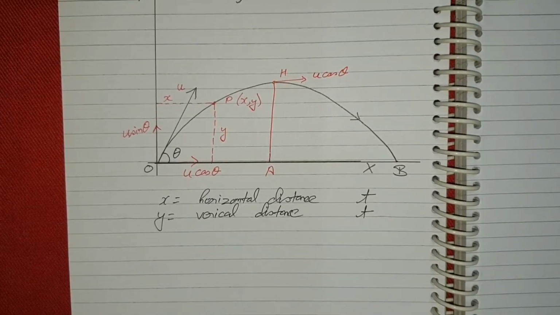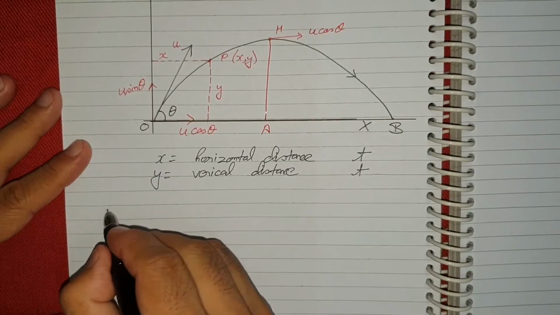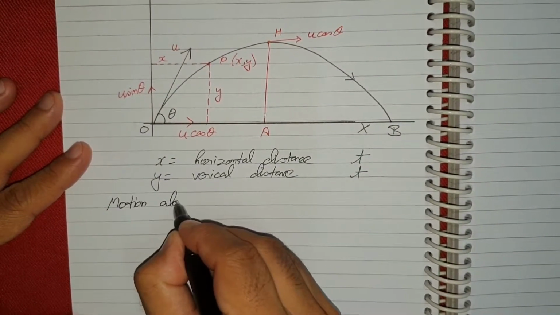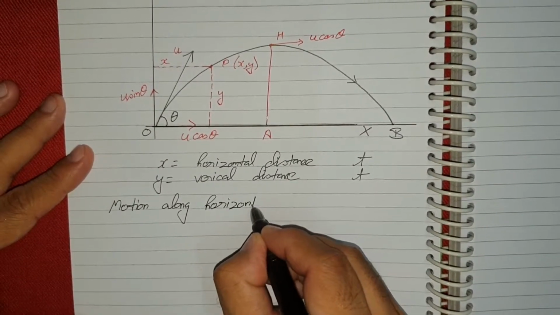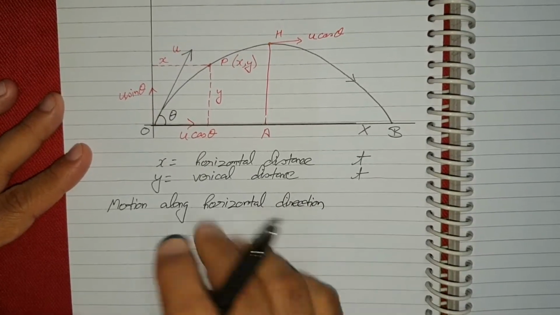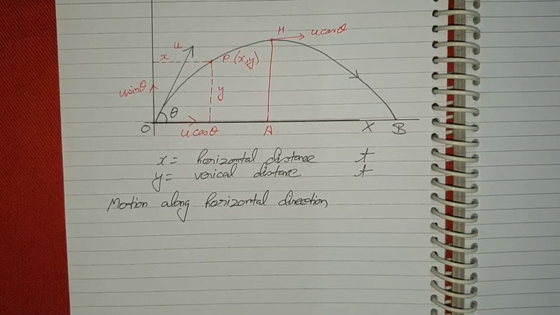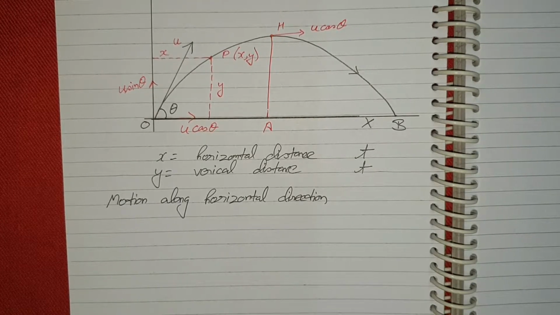First of all, we will take the motion along the horizontal direction, that is along this OX. Since the velocity of the object in the horizontal direction is constant, there is no force acting in the horizontal direction, so the velocity u cos theta remains constant.